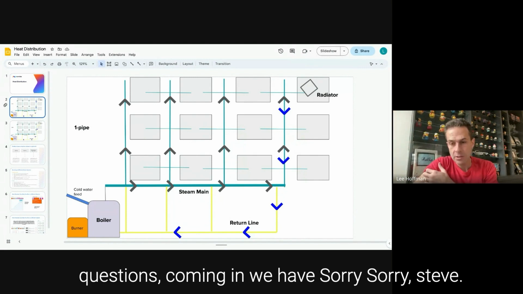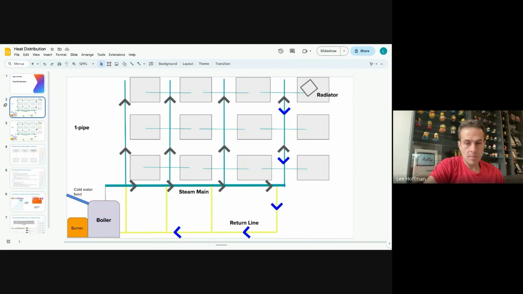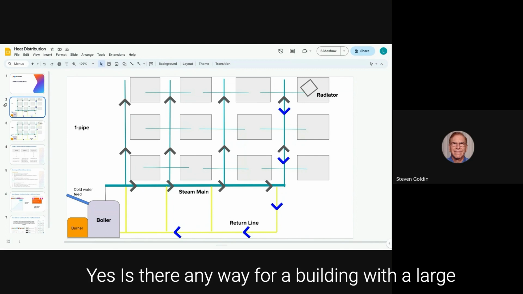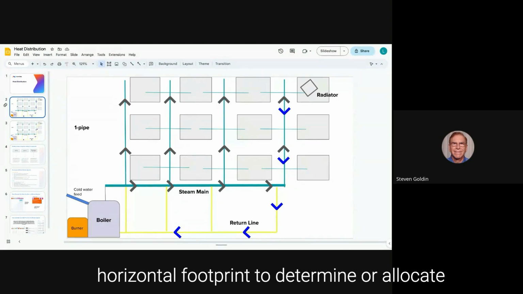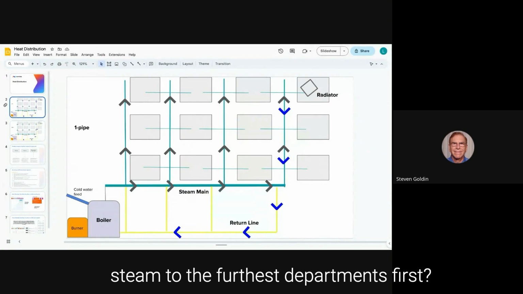We have questions coming in. Steve? Yes. Is there any way for a building with a large horizontal footprint to determine or allocate steam to the furthest apartments first?